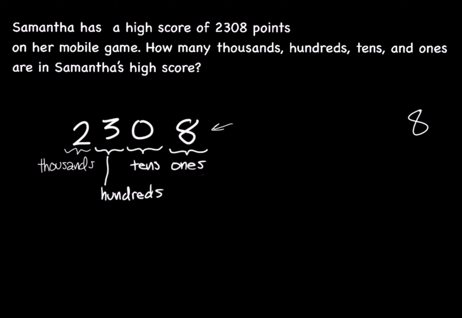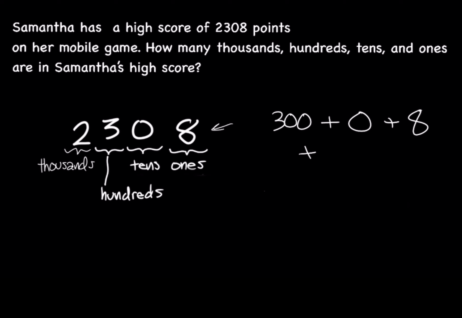So we have 8 ones, 0 tens. So that's going to stay 0 because we have nothing. 3 hundreds. So how much is 3 hundreds? 100 plus 100 plus 100. 300. And then lastly, we have 2 thousands.